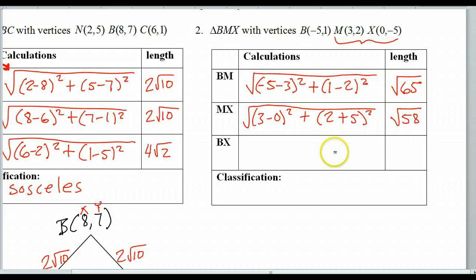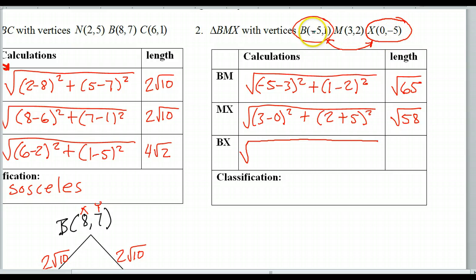So far nothing. Alright, so if the third one turns out to be one of these, it'll be isosceles, but there's no way it's going to be equilateral. It might be scalene. Anyway, last pair. The last side would have to be BX. So I'm going to look at the last two, B and X, as I do my x minus x and my y minus y.